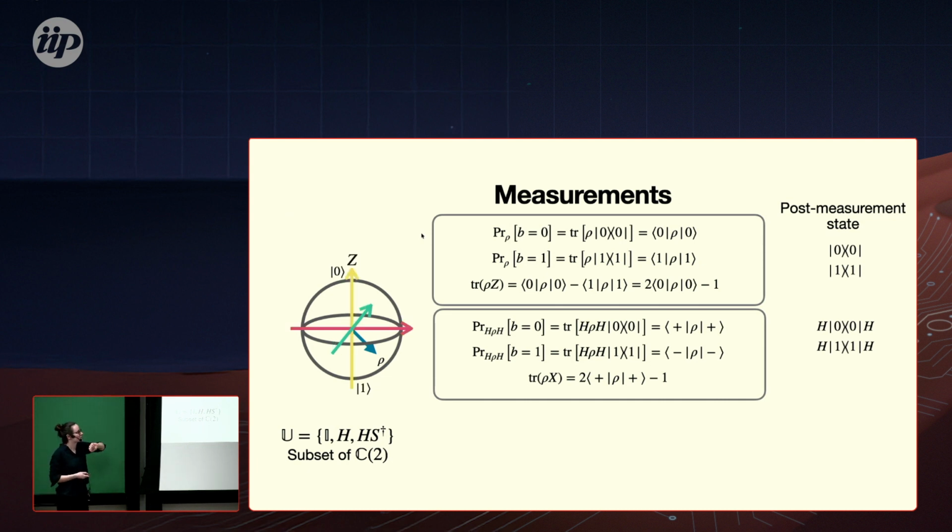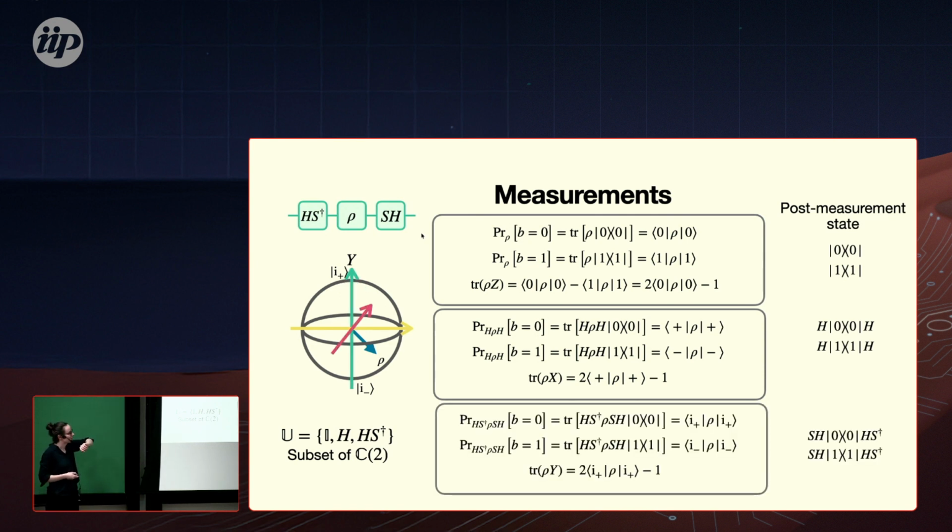Same goes for the Y measurement. What happens here is actually we need to apply S dagger H to the quantum state, and then our measurement axes are kind of permuted, and now we would measure in the Y eigenbasis. And with that, we have access to our expectation values of our Pauli matrices.